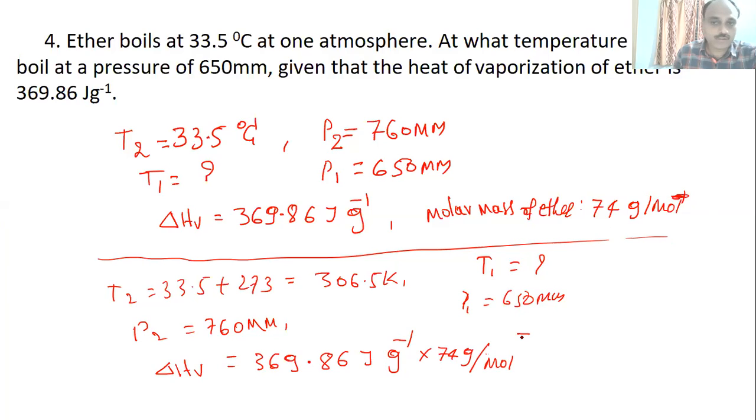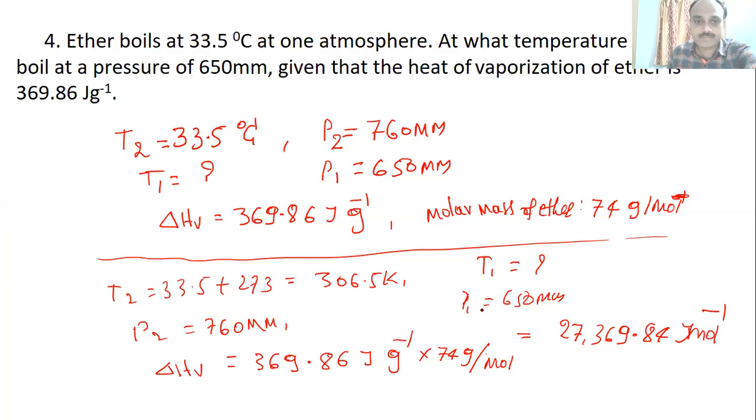It is equal to 27,369.84 joules per mole. That is what we have converted: joule per gram is converted into joule per mole.